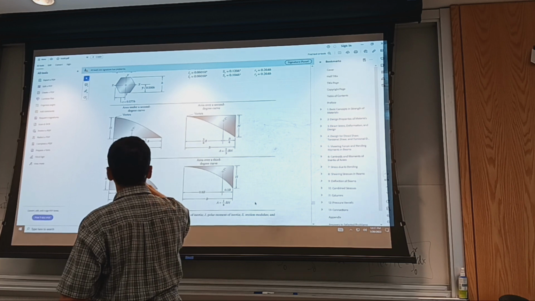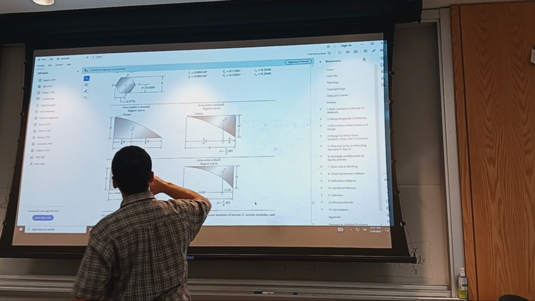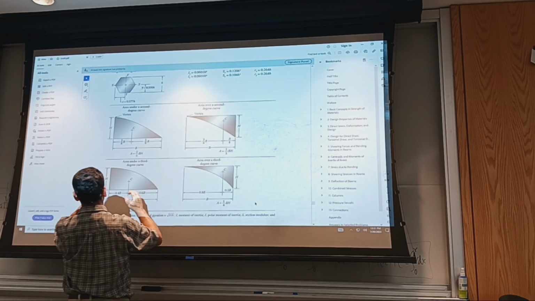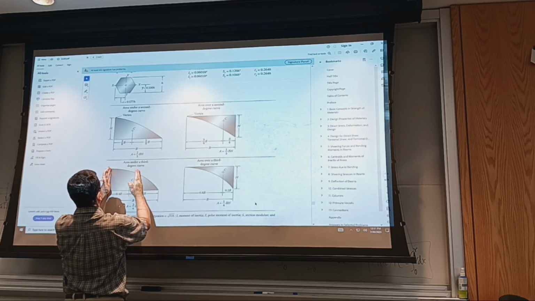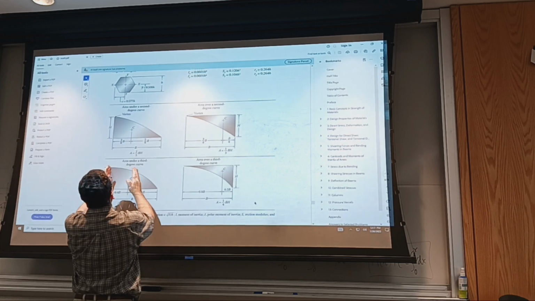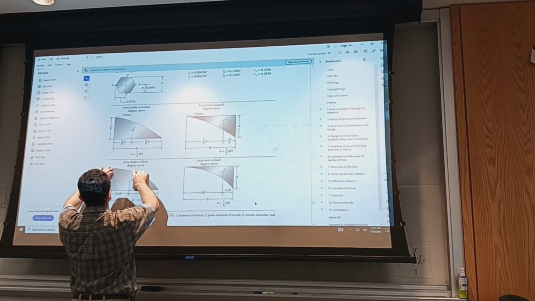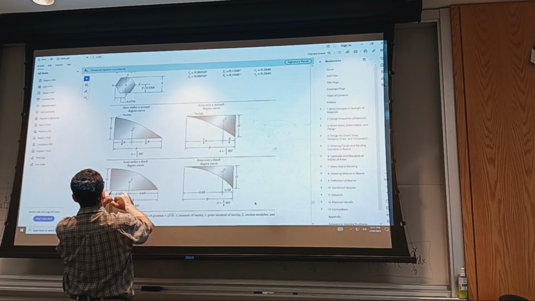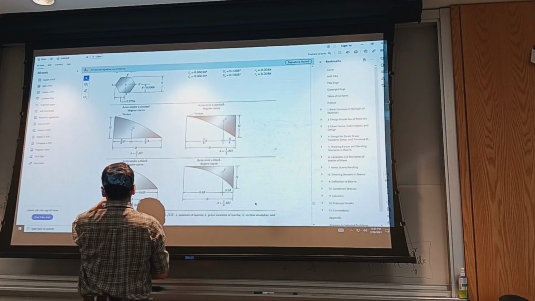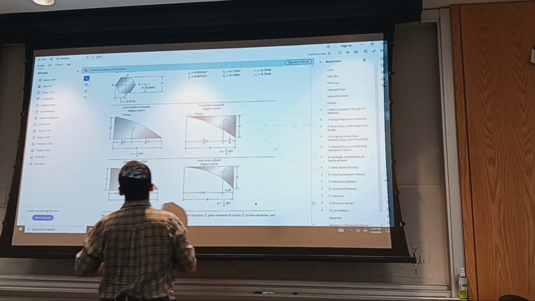Does this help us? There are engineering tables that also show pieces of parabolas, maybe even cubics. So you know these two heights, and you know the distance. It can tell you the area. It can tell you the centroid. All right.